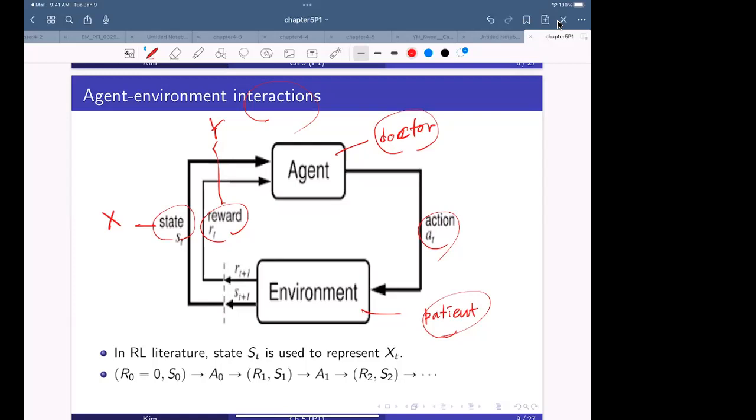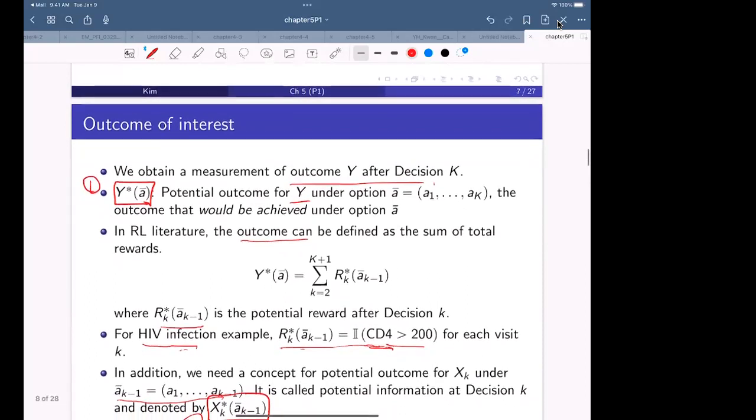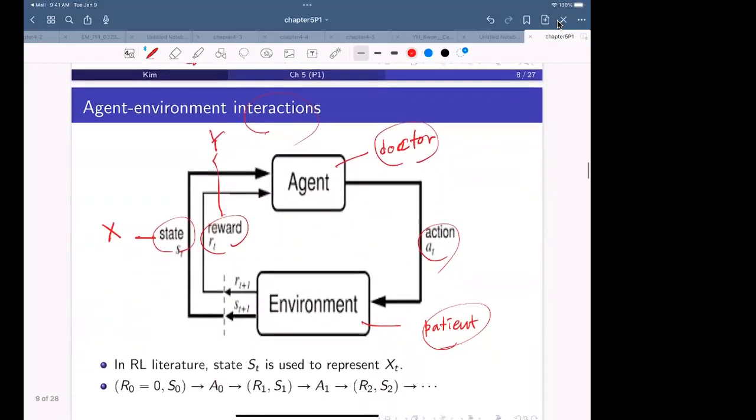So as a doctor, for example, the reward is to make sure that this particular measurement is good, gives a good status, right? I don't know whether I answered your question. Okay.